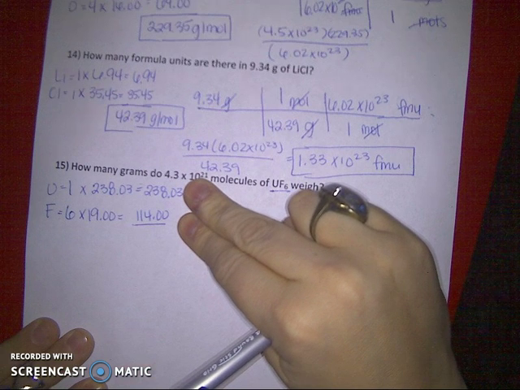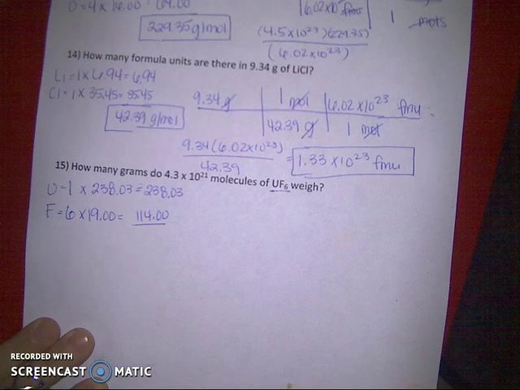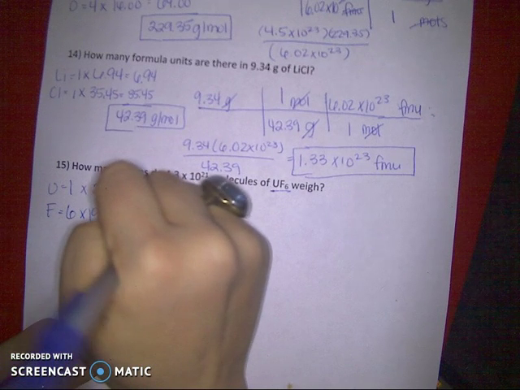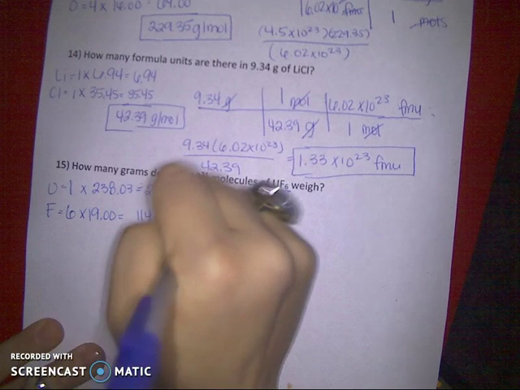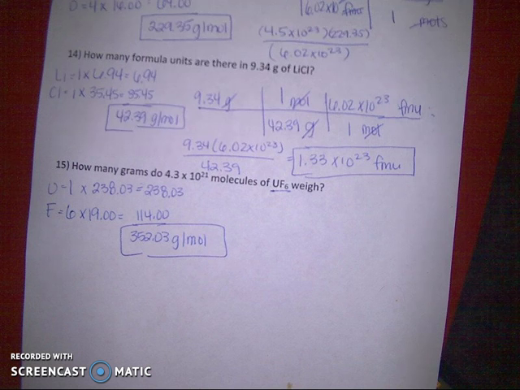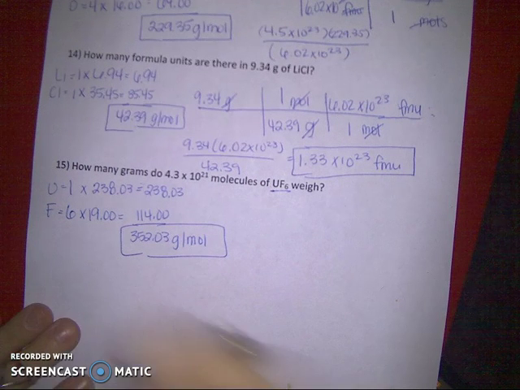We need the total mass, so total means to add. So we'll do 114 plus 238.03. And that's equal to 352.03 grams per mole. That's the first part. Now we're going to do our T-chart, because now we can start to convert.